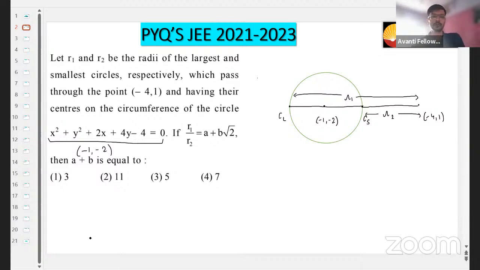So we have been given R1 upon R2. Let us find R1 upon R2. We can find the radius of this circle. Let this be R, the radius of the circle. So radius will be the square root of g squared plus f squared minus c, which comes to R equals 3.